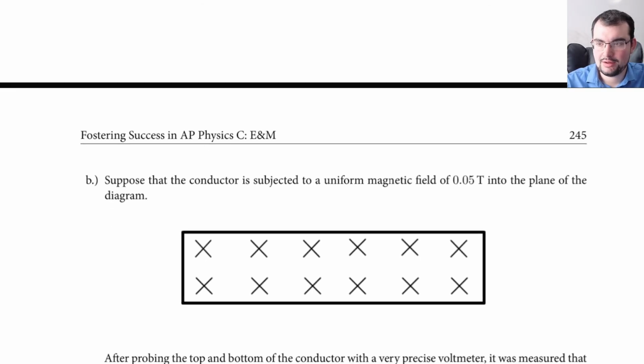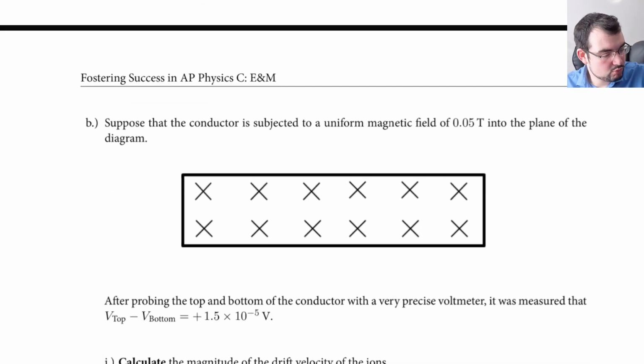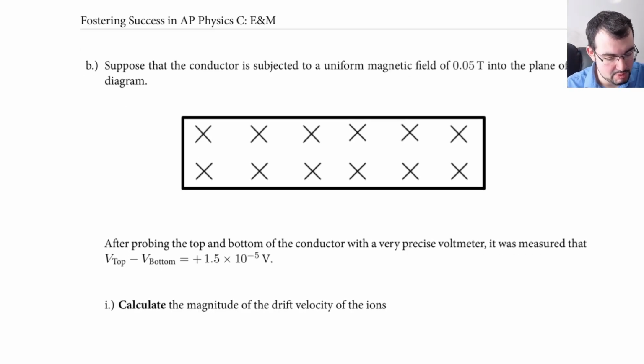So here's why the Hall effect is helpful. Once you start putting magnetic fields in here, the voltage will be a certain sign depending on the charge carrier. So here it says, we probed the top and bottom of the conductor with a very precise voltmeter, and it was measured that the potential difference of the top relative to the bottom is positive 1.5 times 10 to the negative 5 volts.